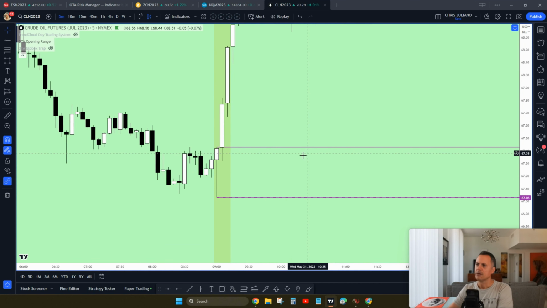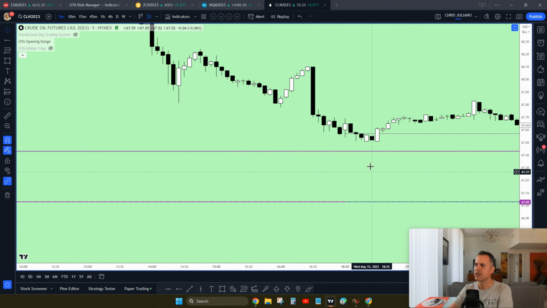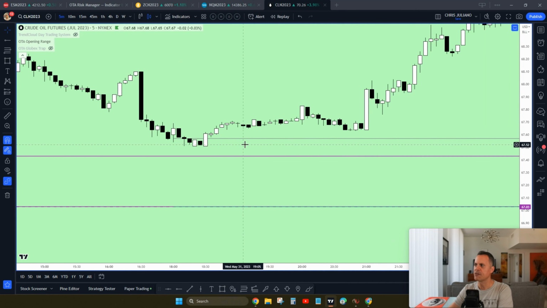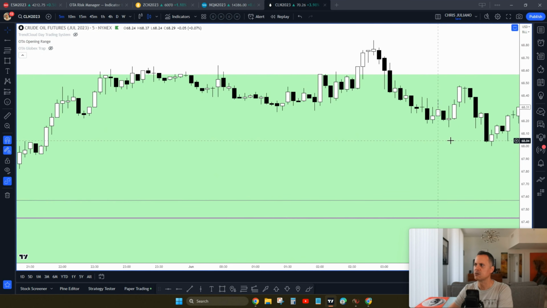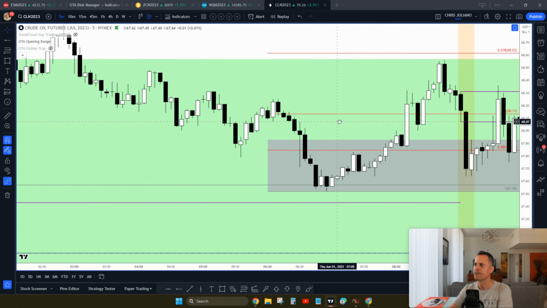Right here is the previous day's opening range that we never got back to. Never came back. It just missed it, went sideways, and then started to make the move up.